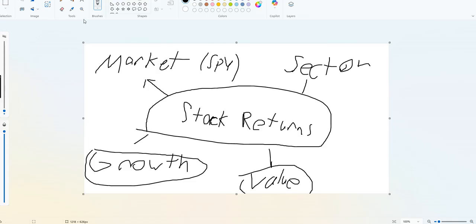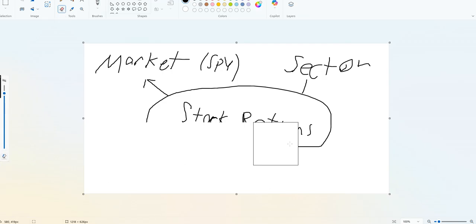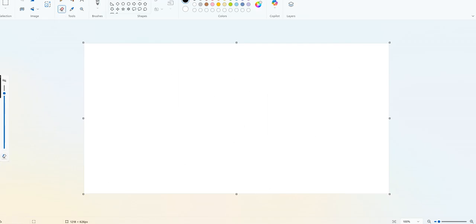And you can do this with a linear regression or something. The fundamental equation, I think, is pretty much that we can explain our returns. So I guess we'll call our returns R_F.